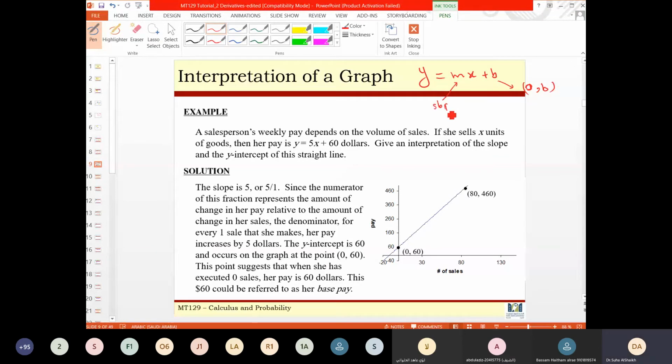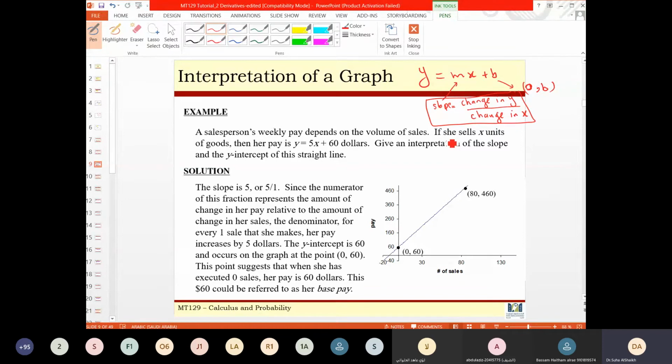The slope is defined to be the change in y divided by the change in x, the rate of change of y with respect to x. This will be our next slide. Those are the two things: we have the slope and we have the y-intercept. The y-intercept gives me, when x is 0, what will be the y.